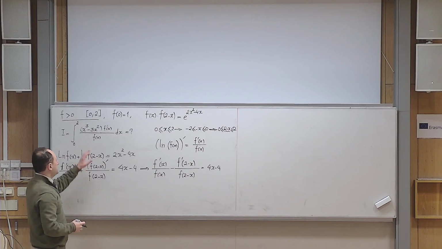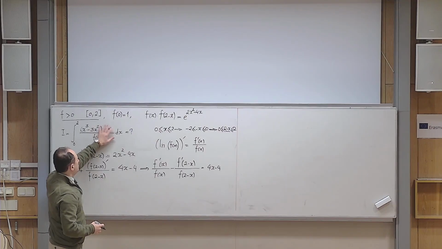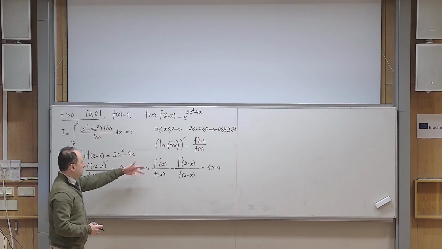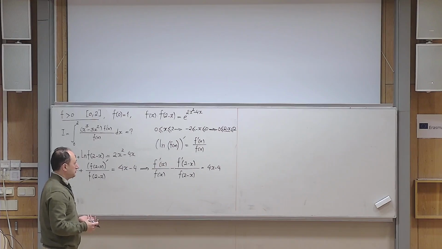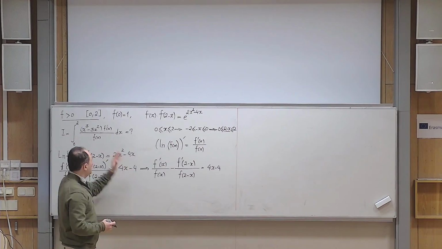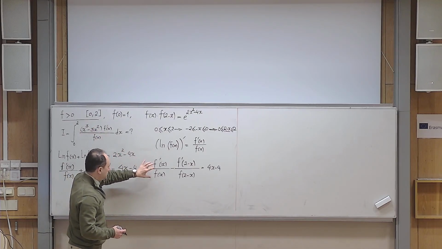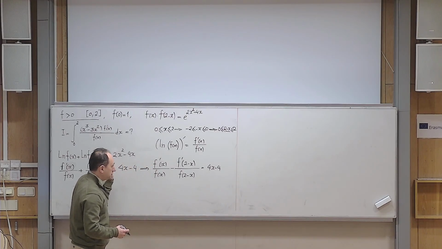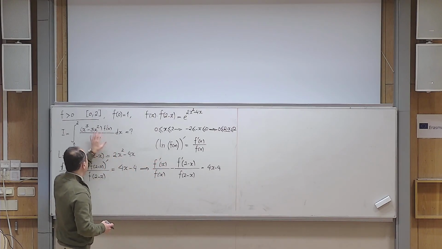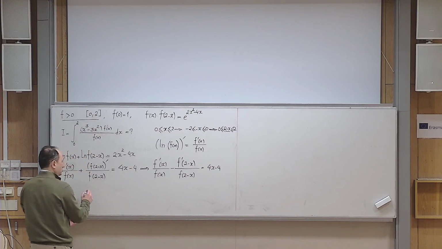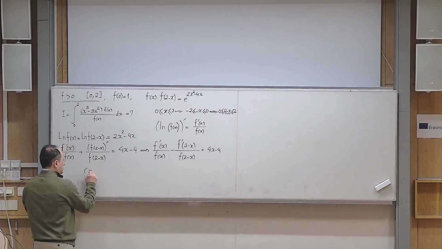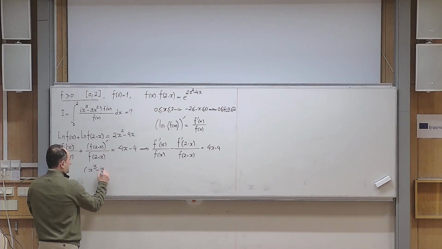Okay. What is the next reasonable step? The next reasonable step is that I want to construct this combination. So far, I have this combination here. So it motivates me to multiply, to make this expression appear here. But of course, I cannot just make it here. So the first thing that comes to mind is to multiply everything by that polynomial, x to the power of 3 minus 3x squared.